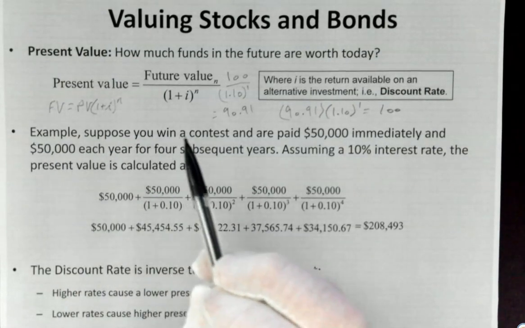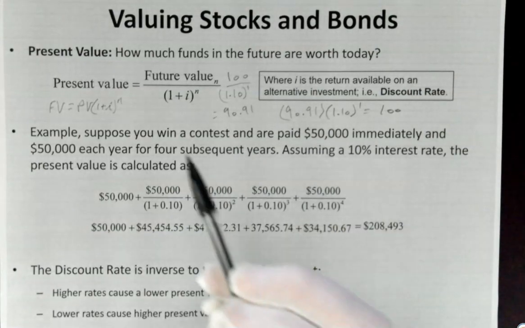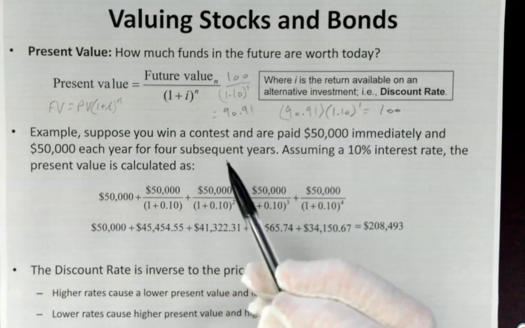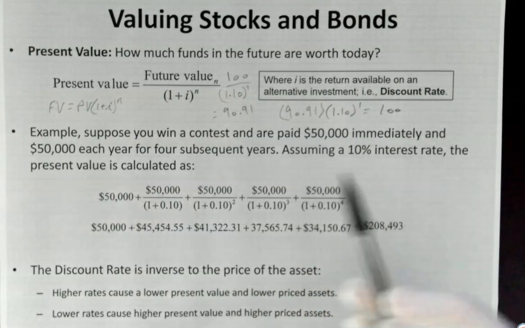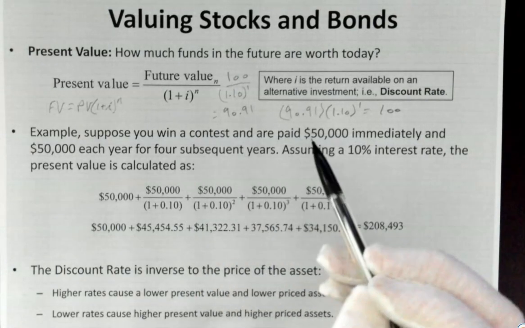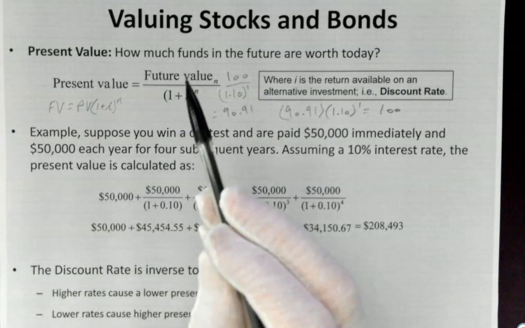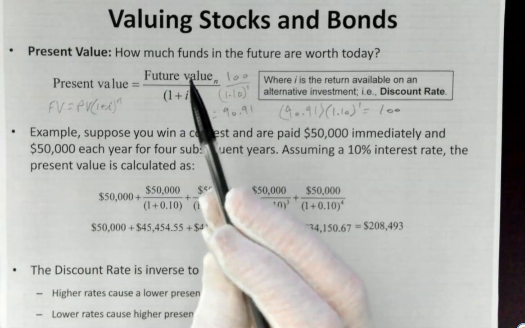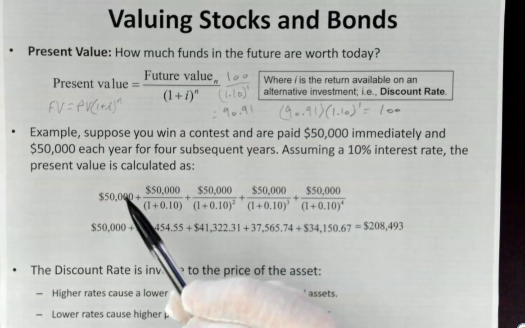Let's suppose that you win a contest and you're paid $50,000 immediately and $50,000 each year for 4 subsequent years. Assuming a 10% interest rate, the present value is calculated as, well, you're getting $50,000 right away. So there's no need to discount that, right? Because $50,000 received today is the same as $50,000 received today.